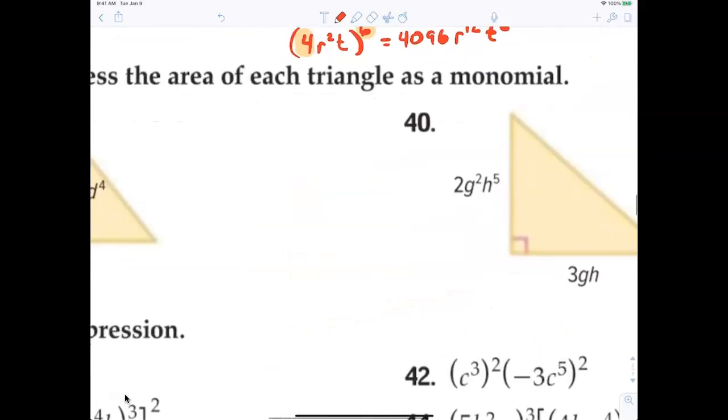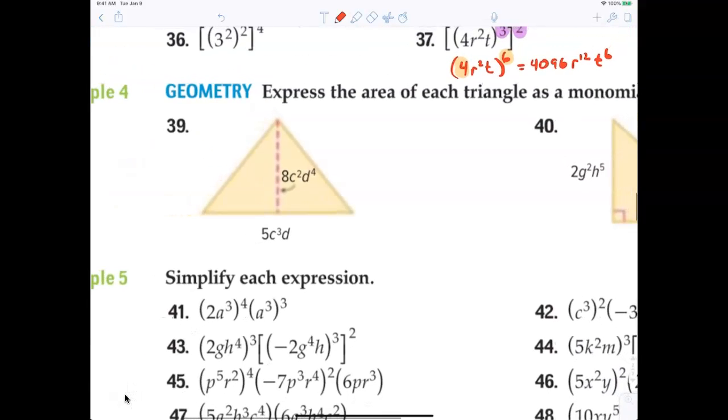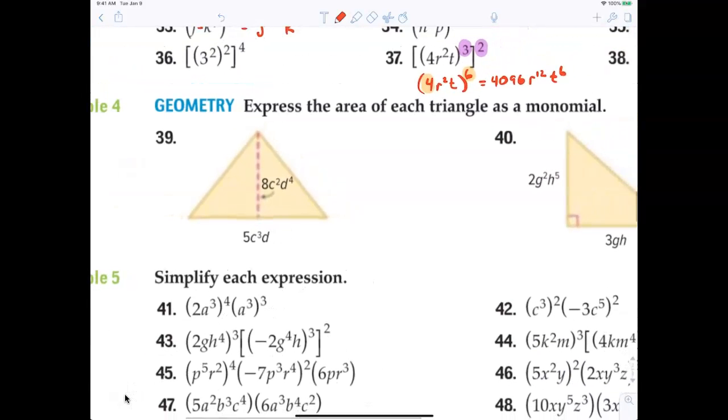All right. Hannah, you're up. 39. Uh-oh. Yeah, 39. Do you remember what the formula for area of a triangle is? That's right. Now, for me, I'm okay with you saying that, but I just learned it 1/2 base times height. You with me on that? All right, so let's do A equals 1/2.